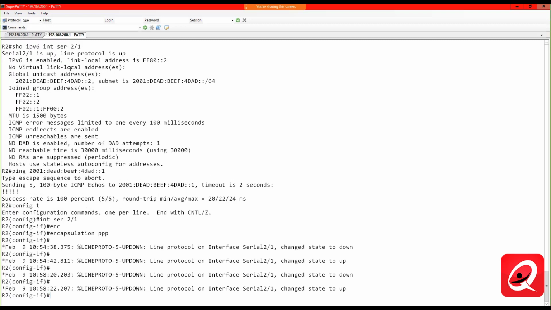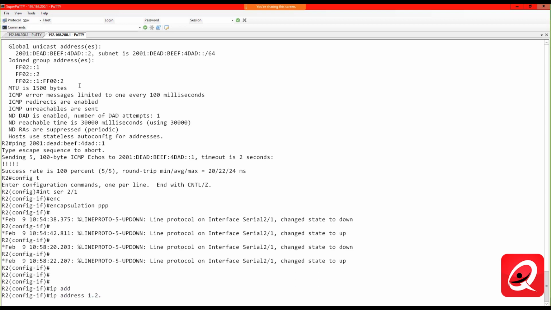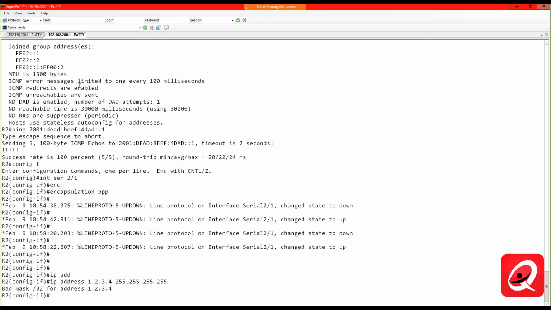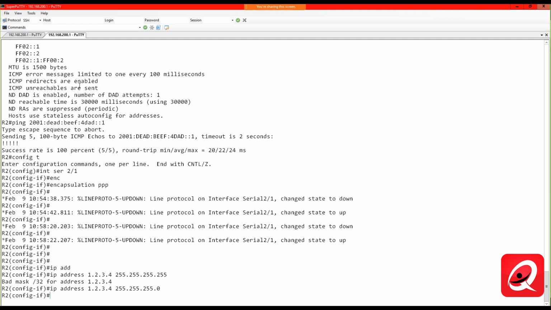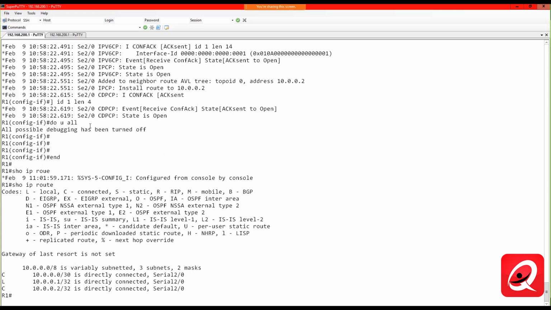So I could actually come into this router here and do an IP address of 1.2.3.4, 255.255.255.255. Oops, try 252 on, well, let's just do a 0 in this case, okay? And we would see the renegotiation take place here.